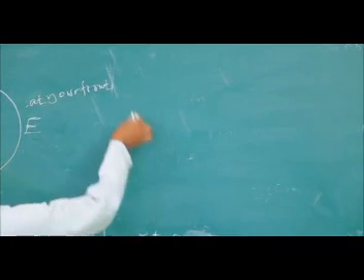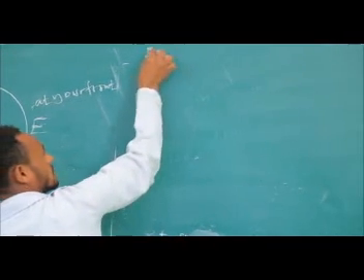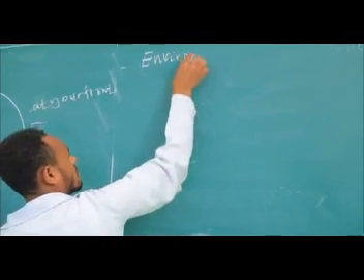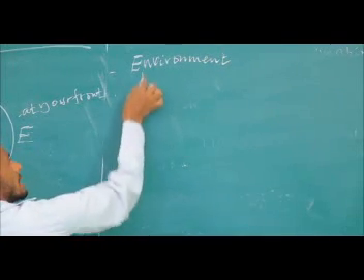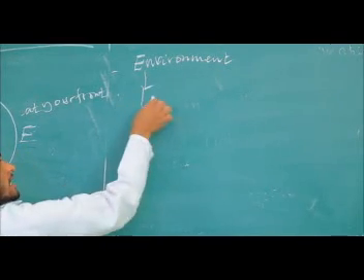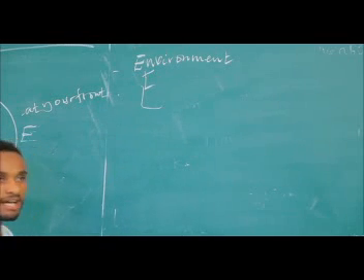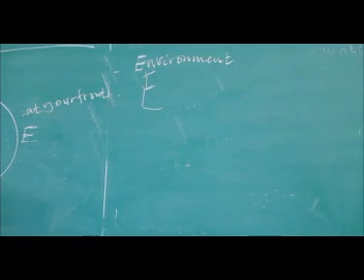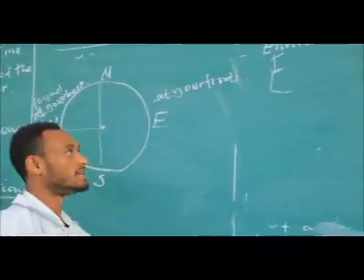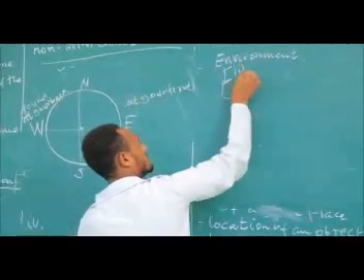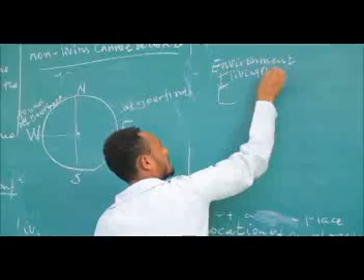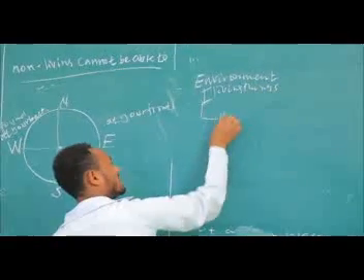Students, the first one is, what is environment? Environment is the sum total of all living and non-living objects.